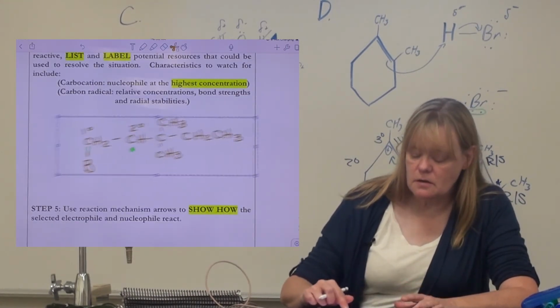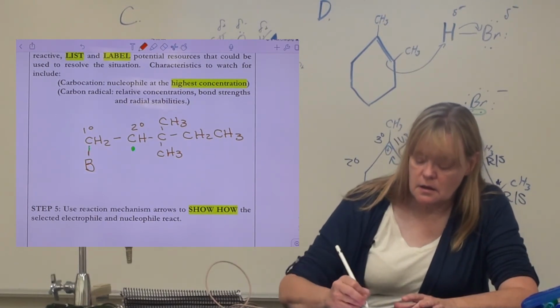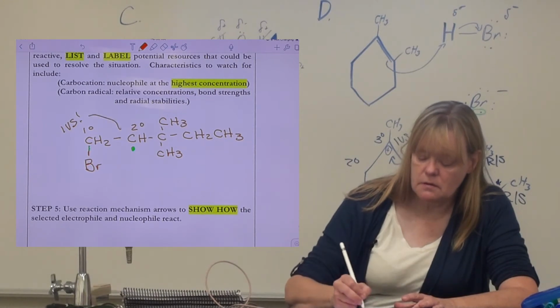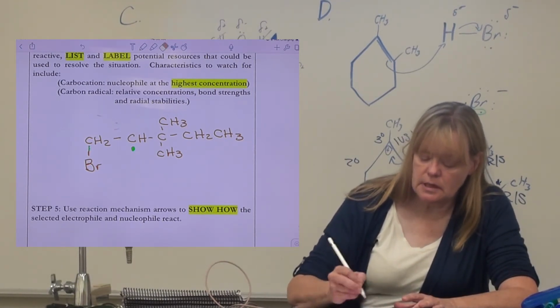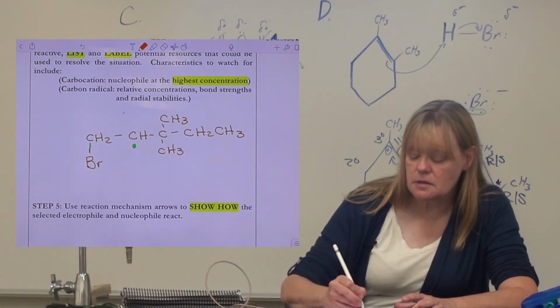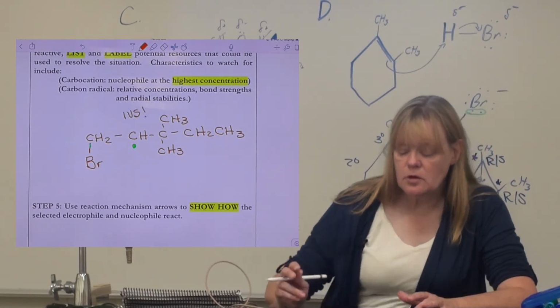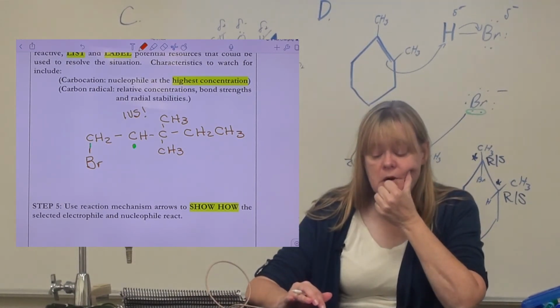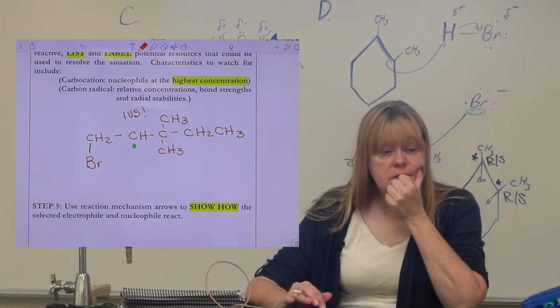Because it's a radical, it means that you have an incomplete valence shell. And if you have an incomplete valence shell, then you're not going to just leave it like that. It's still too reactive. So you want to list and label all of the potential reactants that you have. Okay, so that's obviously one of them.